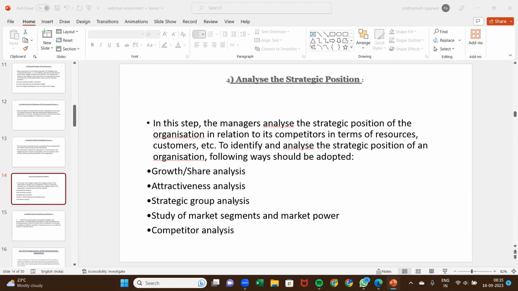Then strategic group analysis means, in case of Tata Docomo, I'm talking, Tata Docomo had lots of competition from Airtel, that is Bharti Airtel, Vodafone, Idea, Reliance, Aircel. So what did they do? The competition was very high, right?